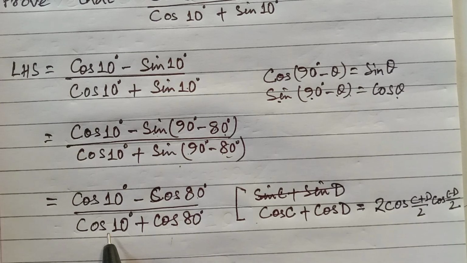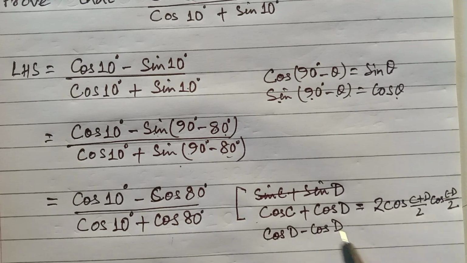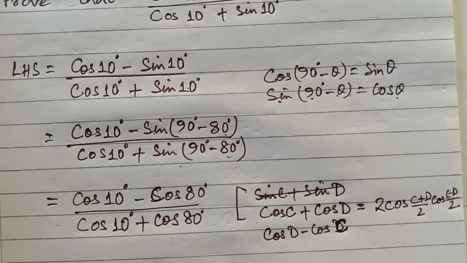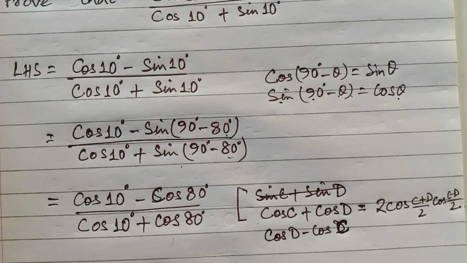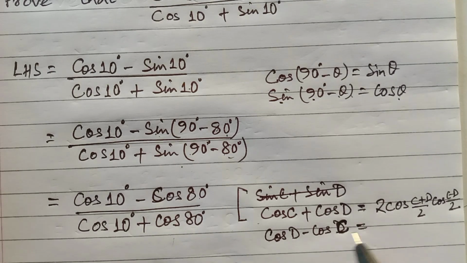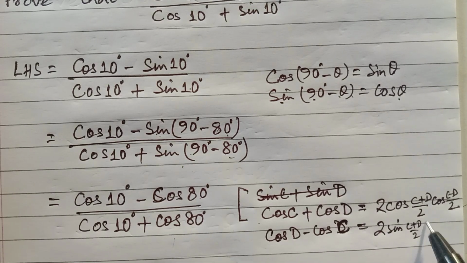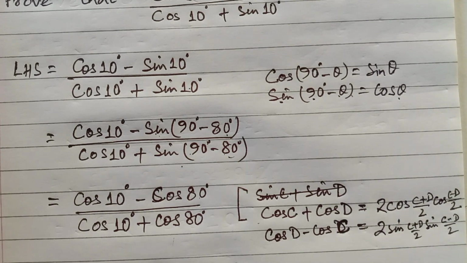Okay, and if I have cos D minus cos C, where D is the smaller angle, then I have 2 sine C plus D by 2 sine C minus D by 2. This formula I'm going to use here.